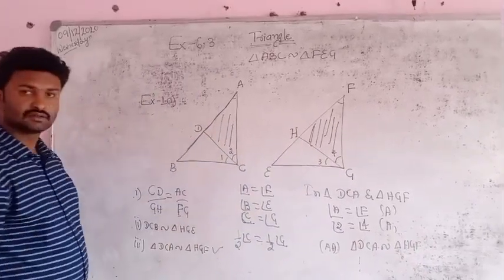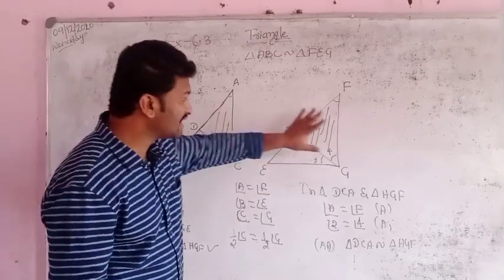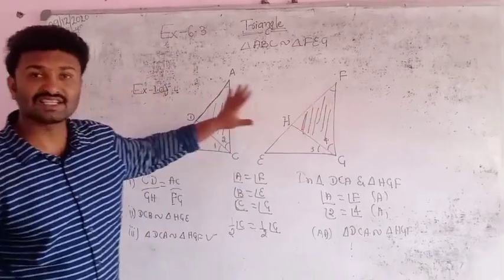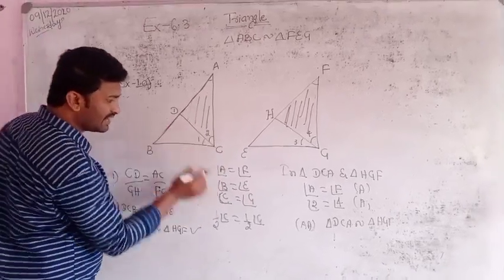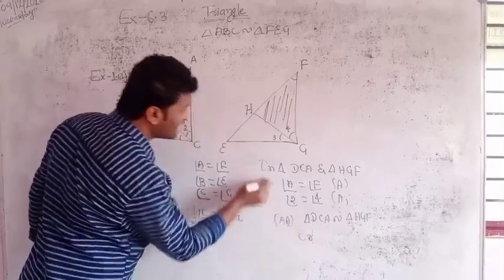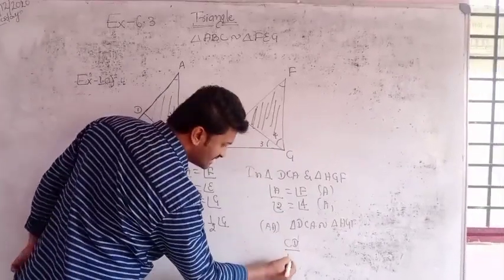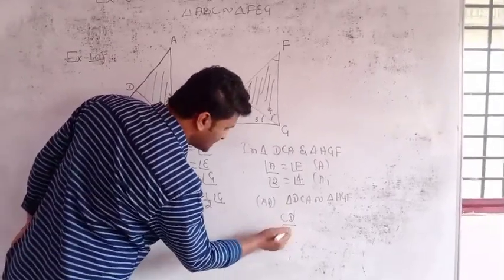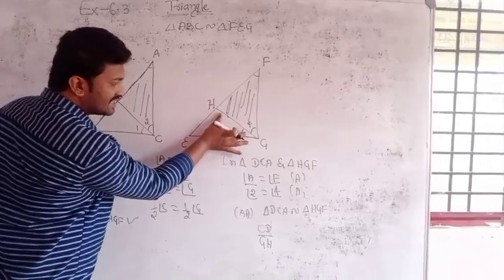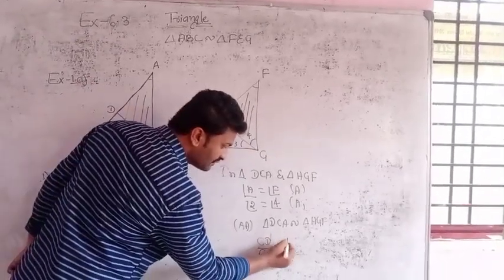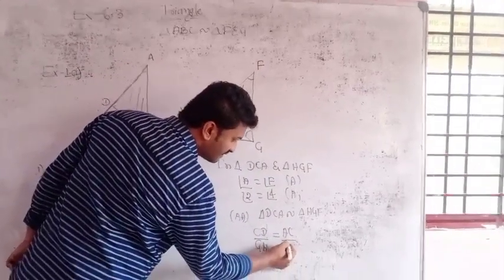We got this. And if both the triangles are similar, we can write the ratio CD divided by HG, or GH, CD divided by GH equals AC divided by FG.